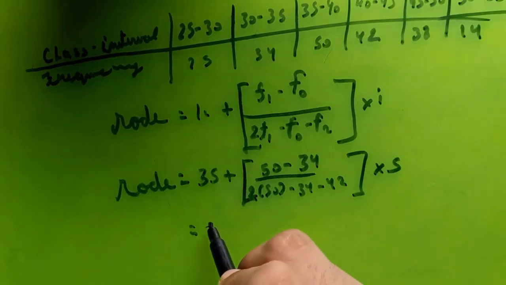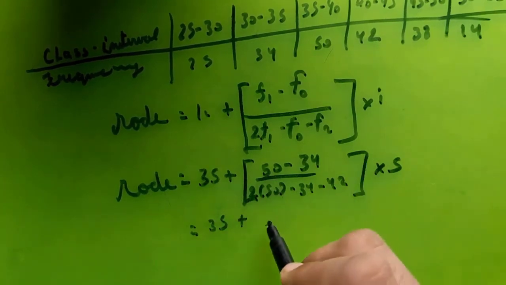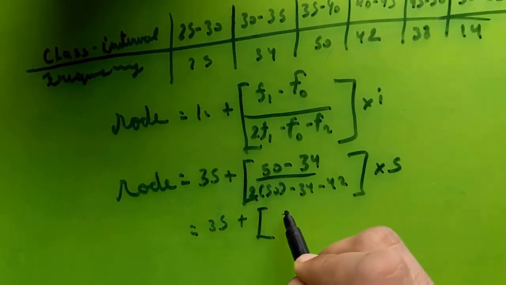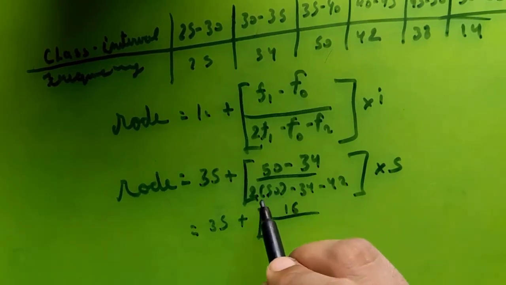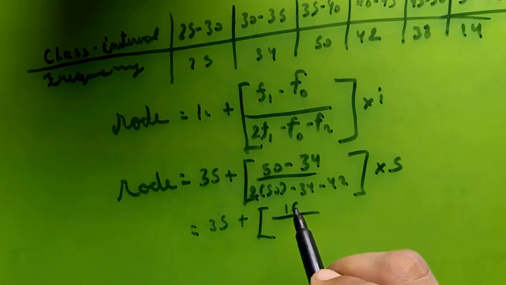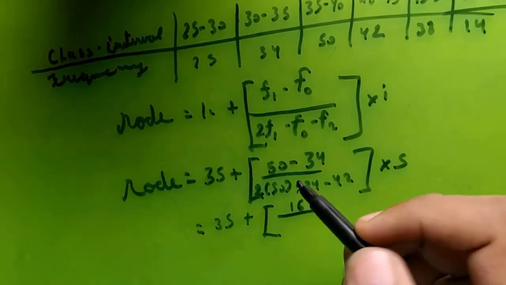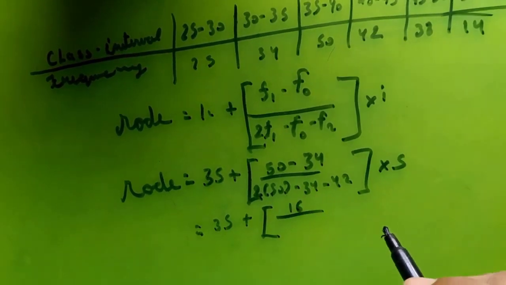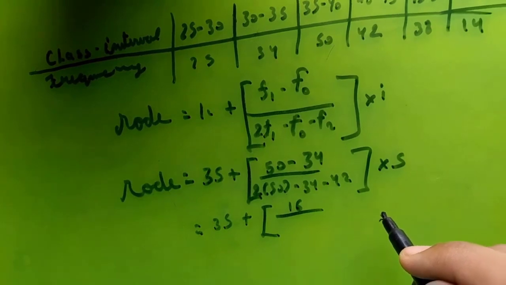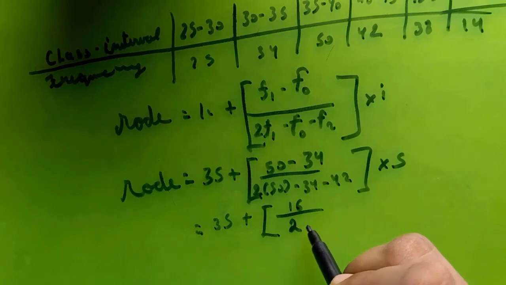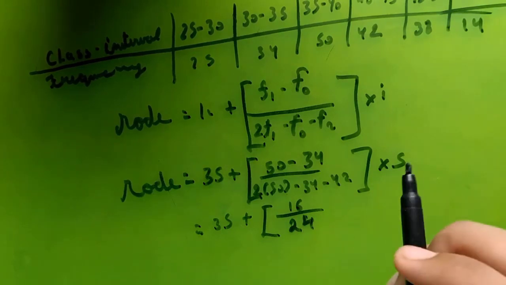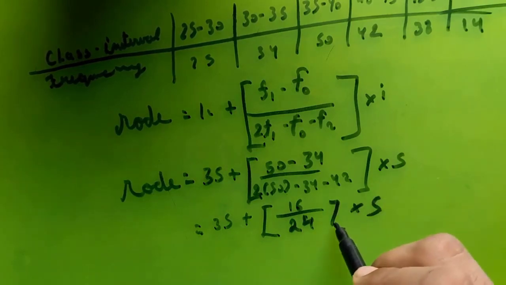Therefore, 35 plus 16 upon 100 minus 34 is equal to 66, 66 minus 42 is equal to 24, into 5.